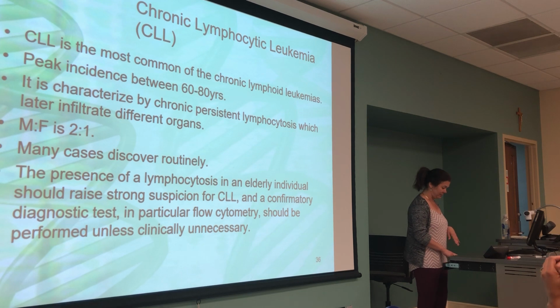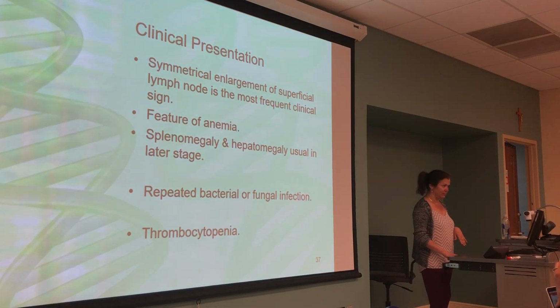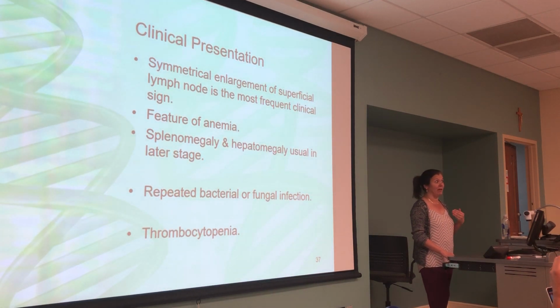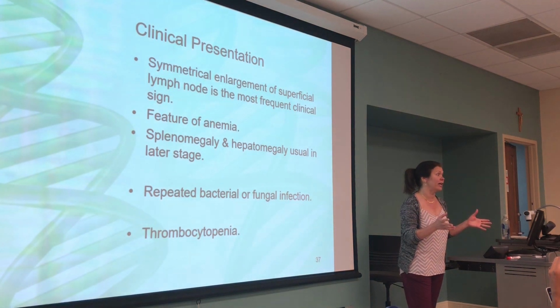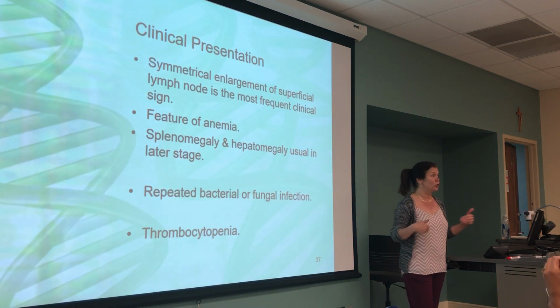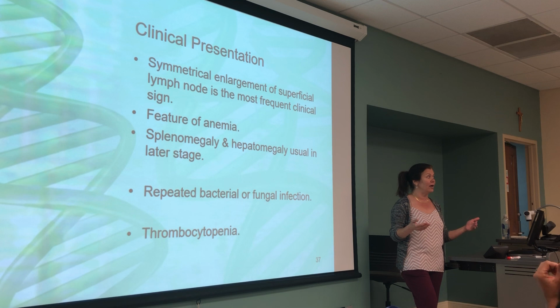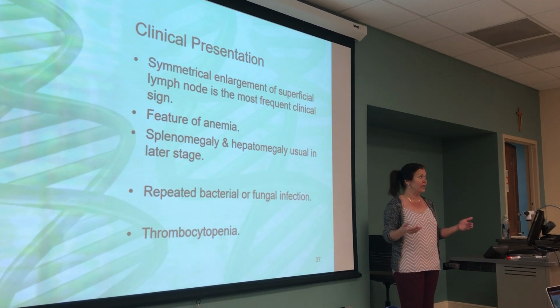Lymphocytes. Oh, lymphocytes. And even though I keep emphasizing it, you lose it. Clinical signs and symptoms, mostly infections, right? And they also have secondary lymph organs participating in it, so they would have splenomegaly, hepatomegaly.